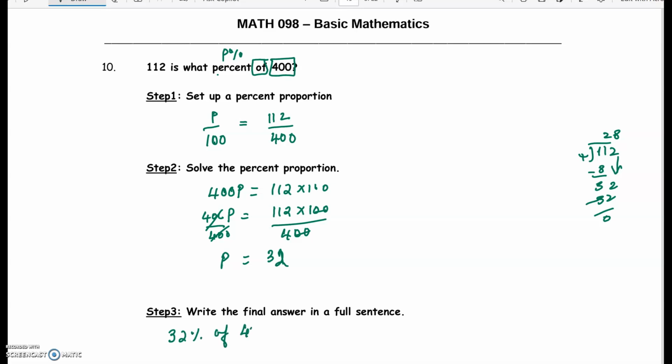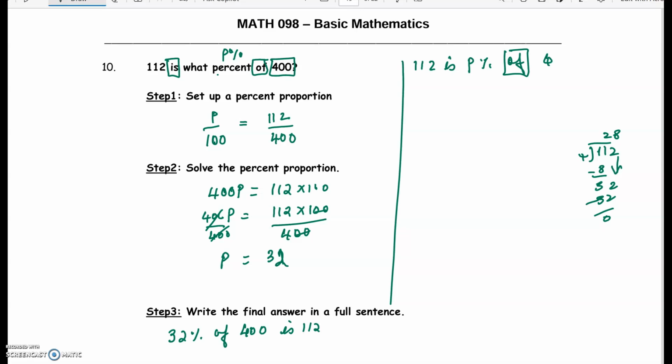of 400 is 112. So if I had to set up a percent equation, 112 is p% of 400. So 112 is equal to p over 100 of 400. 400 over 100.